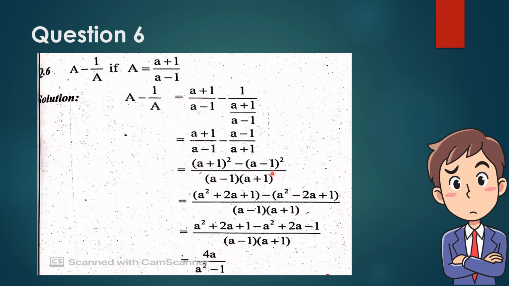So we are simply writing the formula of a plus b whole square and a minus b whole square. It will give you a square plus 2a plus 1, and here it will give you a square minus 2a plus 1. Now you will just subtract it. You have a square plus 2a plus 1 minus a square plus 2a minus 1. It will give you 4a divided by a square minus 1.